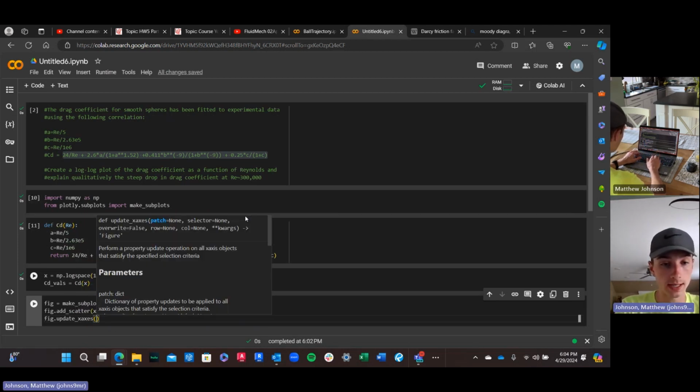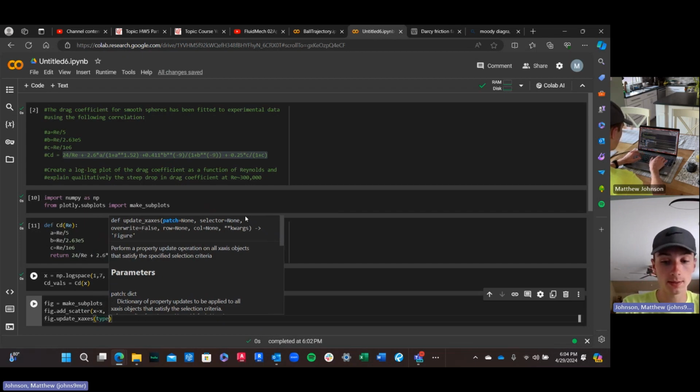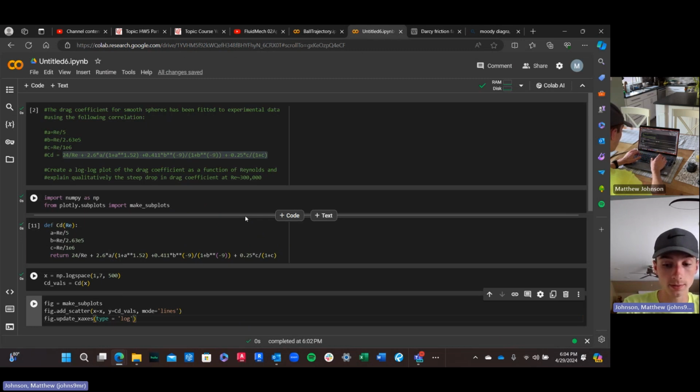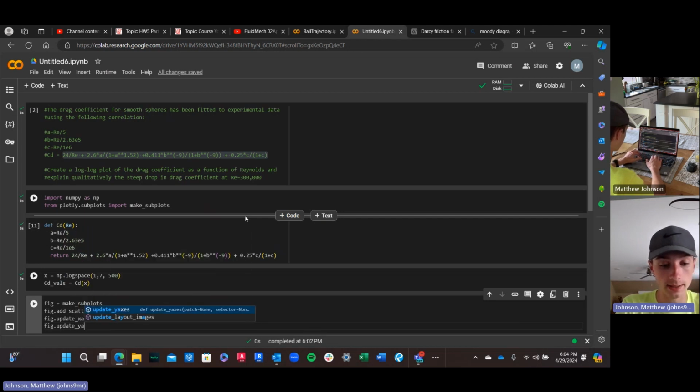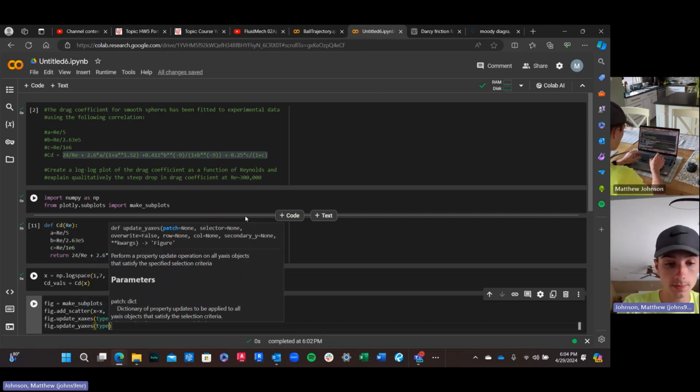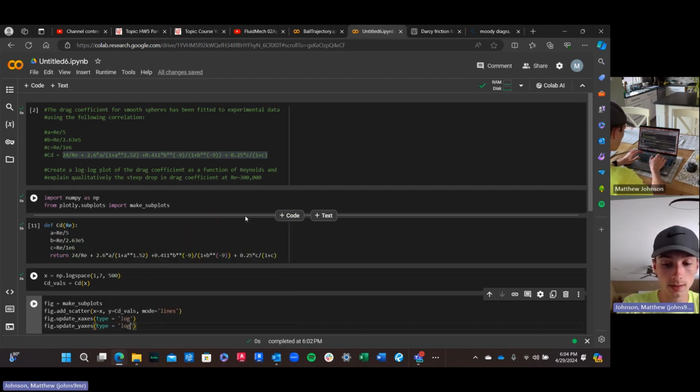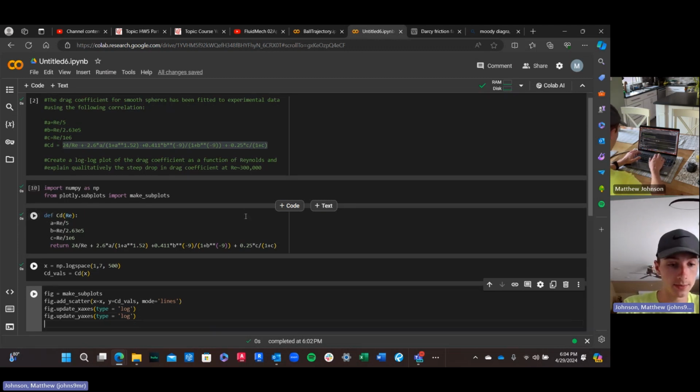And we'll do this as type is equal to a log scale. Same for the y-axis. Fig.update_yaxes, type equals log. I'm sure you could do those at the same time, but I'm not going to mess with it.